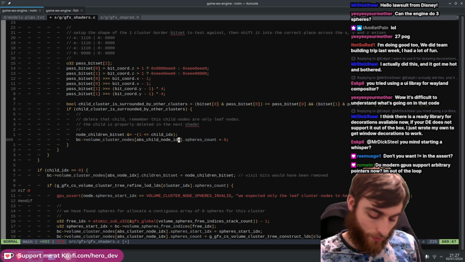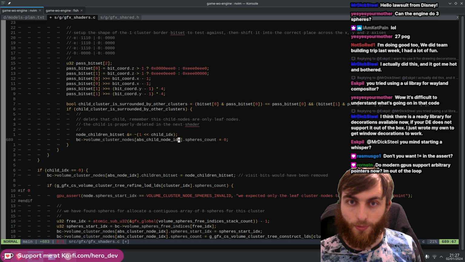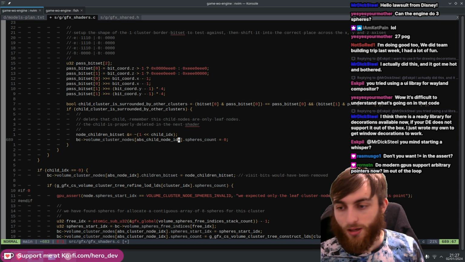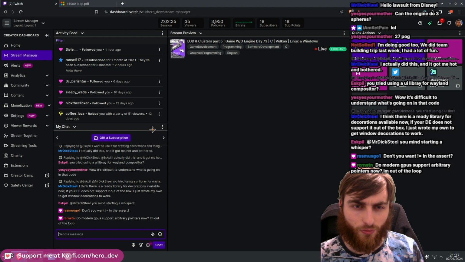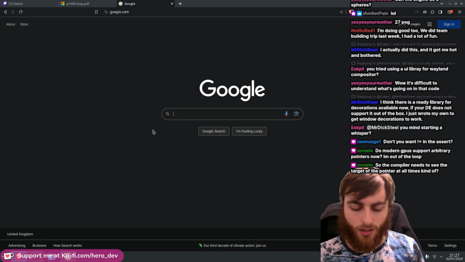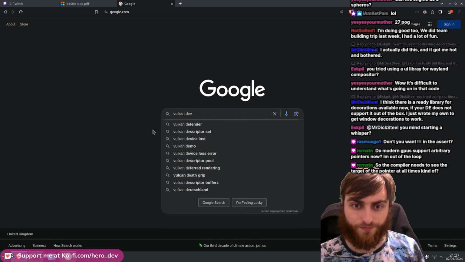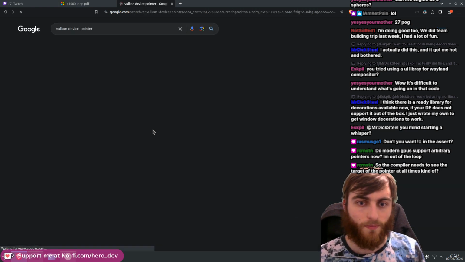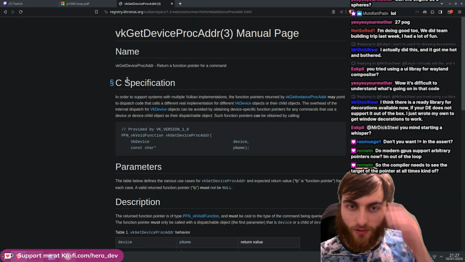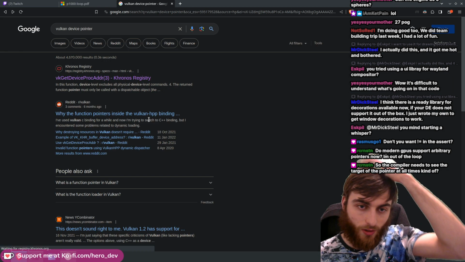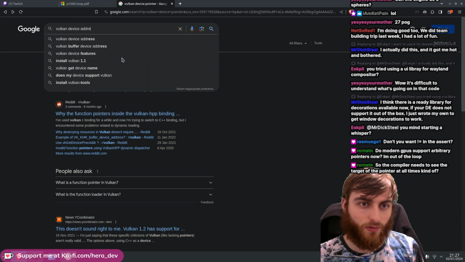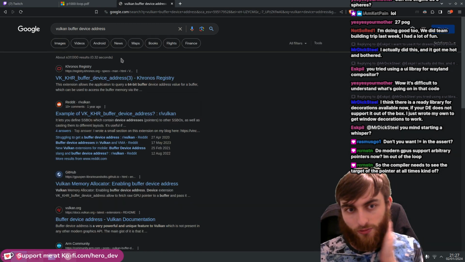But arbitrary pointers, proper pointers, like stuff we should have had for a long time: the answer is yes. Since ray tracing in Vulkan, they added device pointer. You can basically get a 64-bit integer. Oh, where is it? Buffer device address.